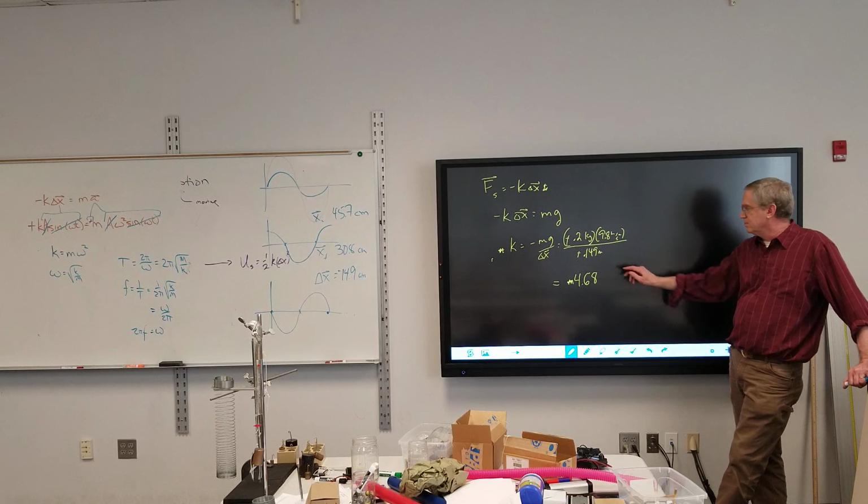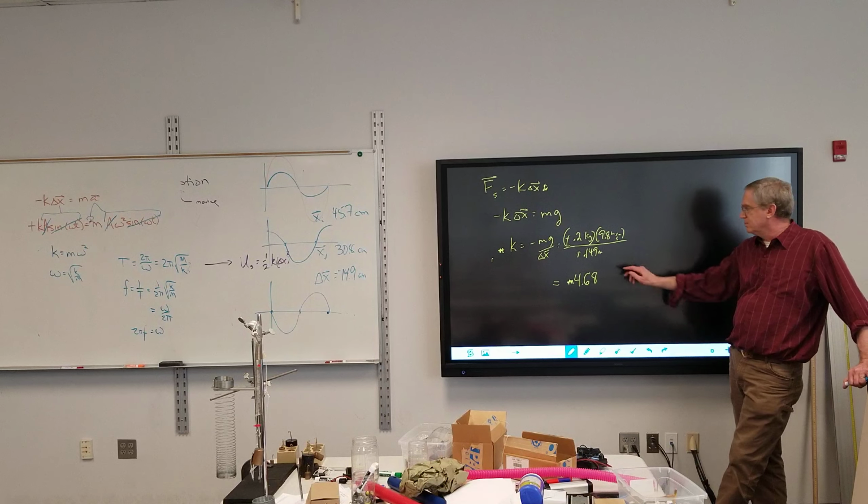So I have 4.68 times delta x is equal to 0.1 times 9.8. 0.209. How'd you get that? I multiplied 0.1 by 9.8, and then I divided by 4.68 because it's our spring constant.